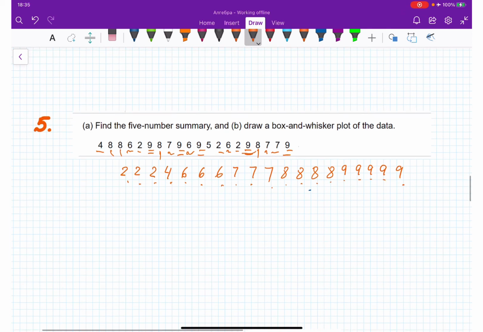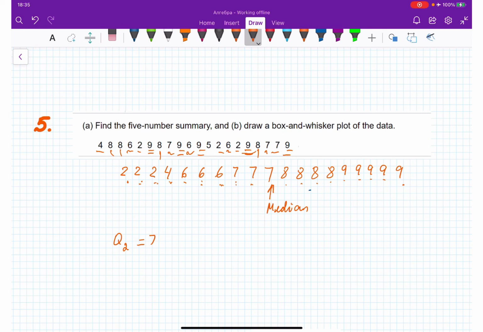Okay. 19 divided by 2, 9. So the 10th one will be our median, which is Q2. 1, 2, 3, 4, 5, 6, 7, 8, 9. So this is going to be our median, or Q2. 7.